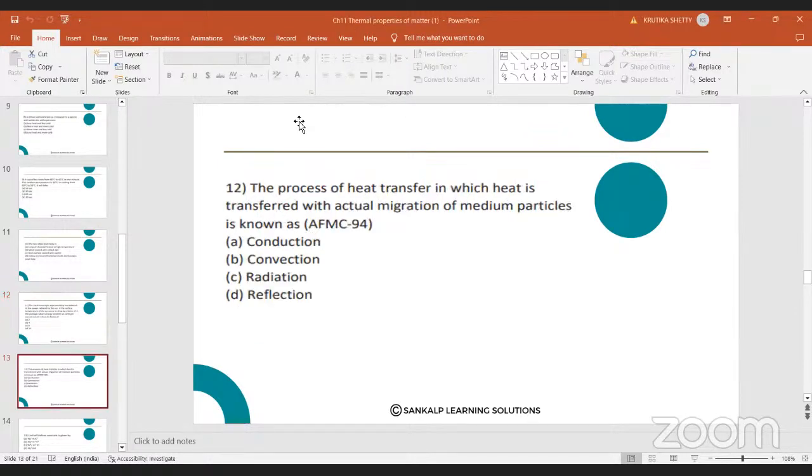Then the next question. The process of heat transfer in which heat is transferred with actual migration of the medium particles is known as? Conduction, convection, radiation.